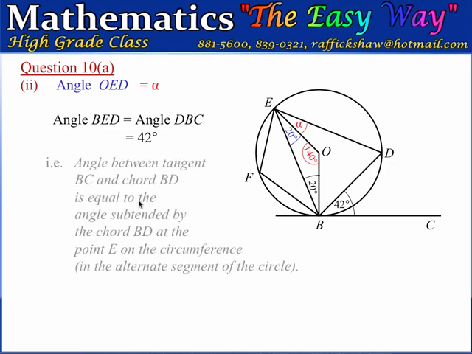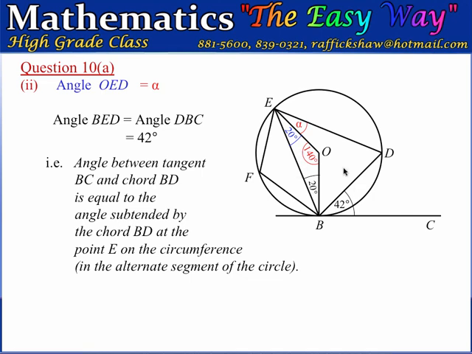That is because the angle between a tangent, which is BC in this case, and the chord BD is equal to the angle subtended by this chord BD at the circumference E in the alternate segment of the circle. That angle is equal to 42 degrees.